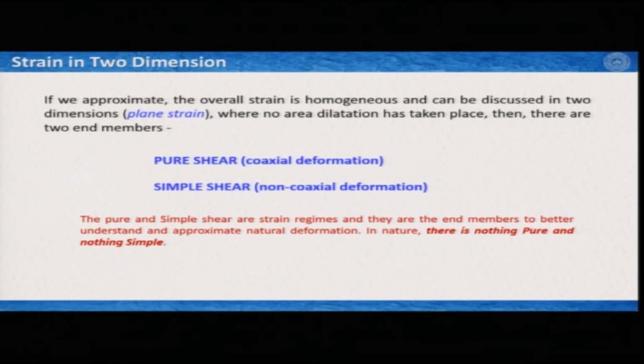I must remind you that these concepts of pure and simple shear are strain regimes, and they are just end members to better understand, mathematically define or approximate natural deformation. In nature, it hardly happens in a pure shear or simple shear manner.